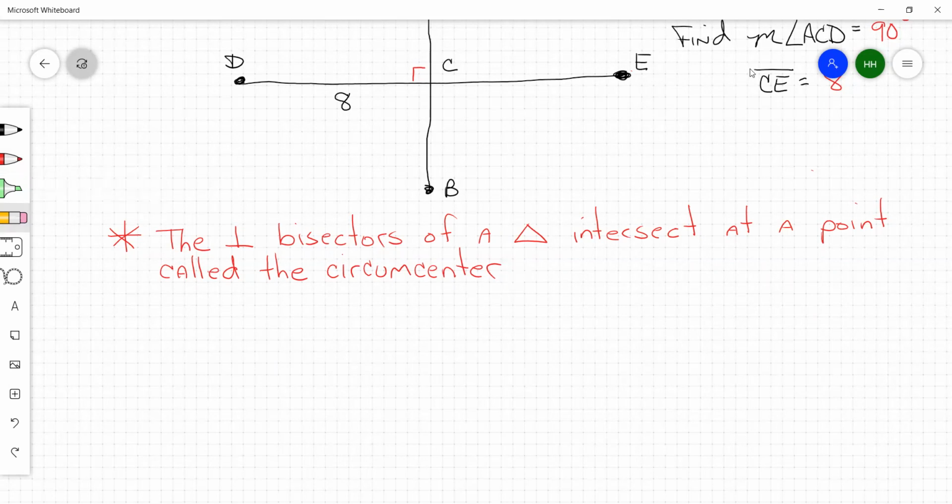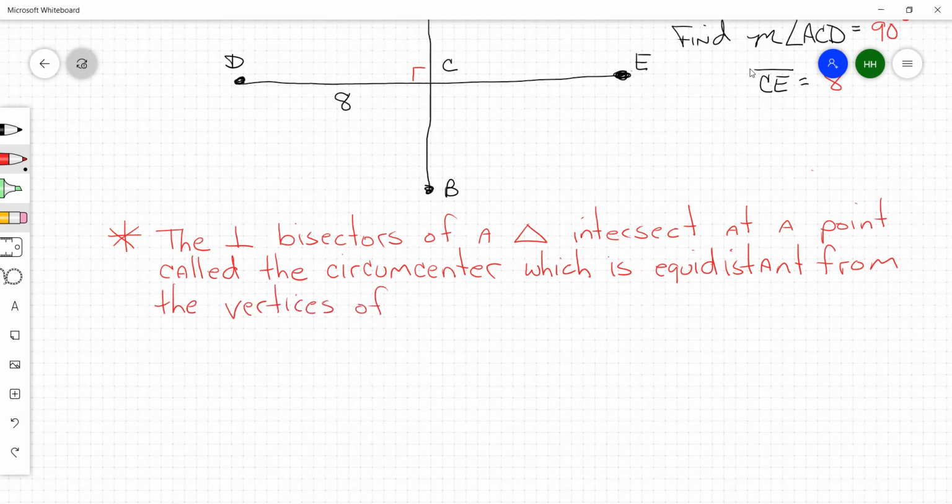And let's say this. The perpendicular bisectors of a triangle intersect at a point called the circumcenter, which is equidistant from the vertices of the triangle.